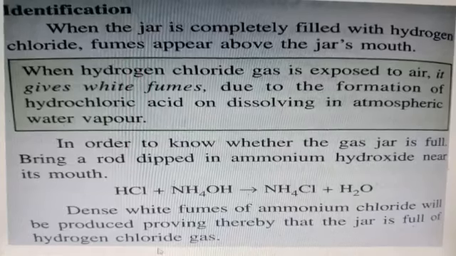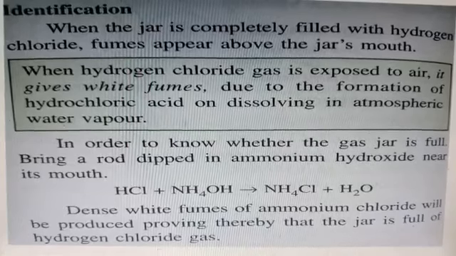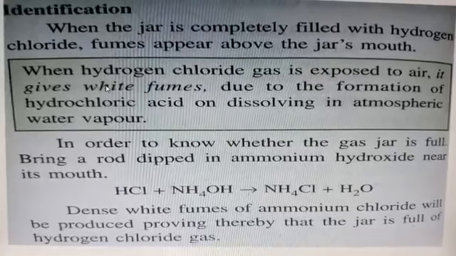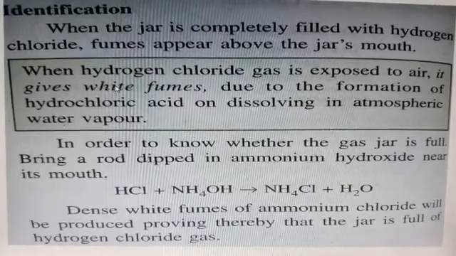Now, how to prove that the jar contains hydrogen chloride gas? This can be done by just opening the gas jar and allowing it to mix with air. Then we can see white fumes. Okay, this is number one way of identifying the gas.